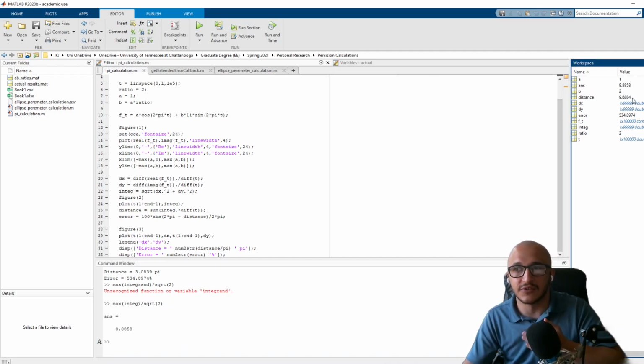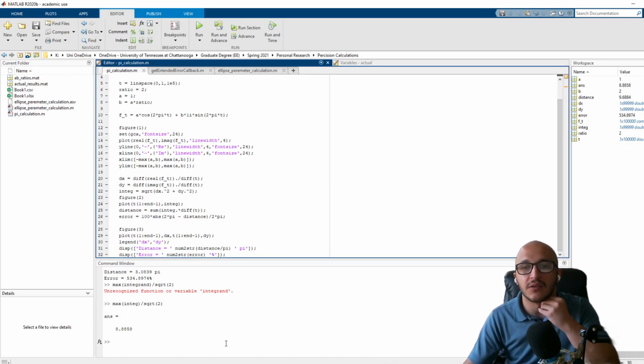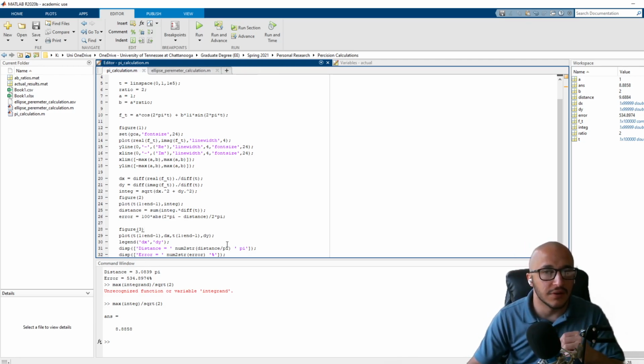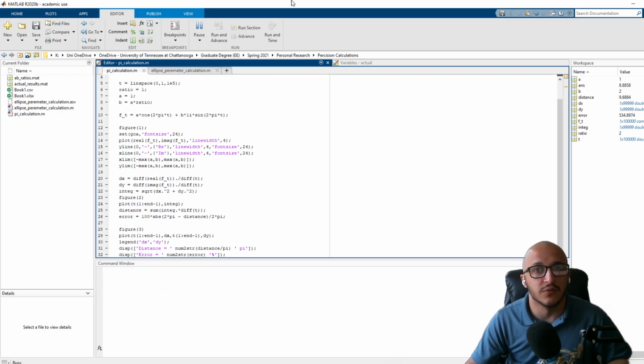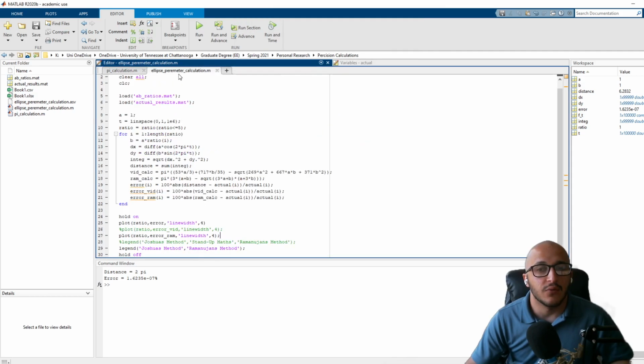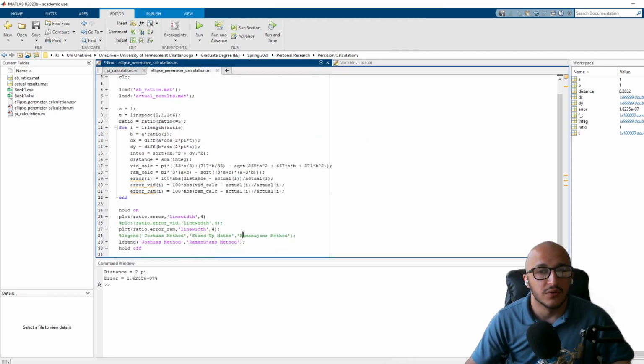It's a close approximation, I think, close to that but not exactly. But this shows that at least for a ratio of one, the math follows through.